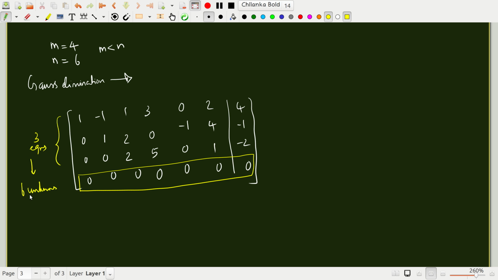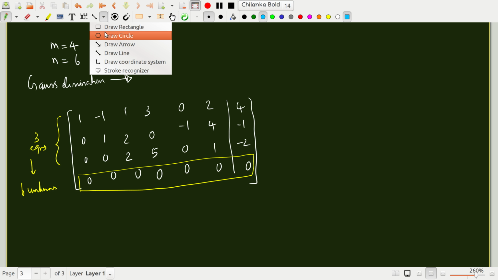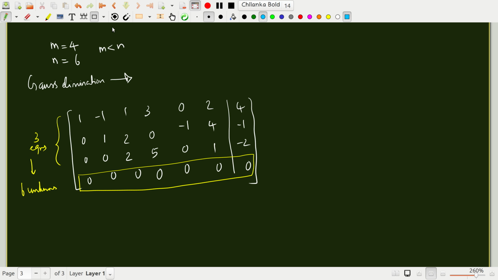Of course, the rank of this matrix you can easily figure out. Let me draw it slightly bigger. You can take this matrix and convince yourself very easily that it has a rank of 3.